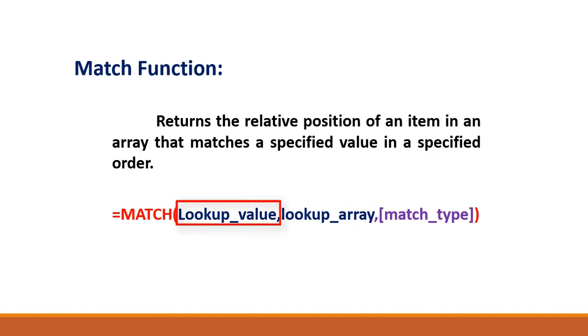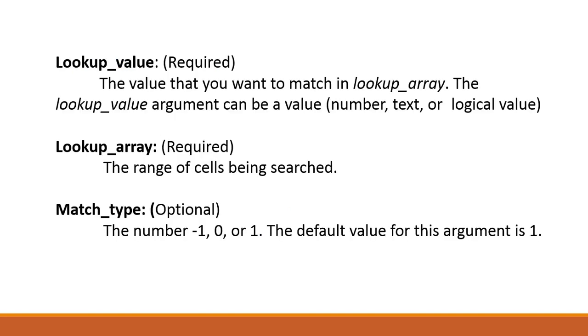In that, first is lookup value, then lookup array, and match type. The lookup value and lookup array arguments are required, so we have to pass them compulsorily, but the match type is optional. We'll see them one after another.